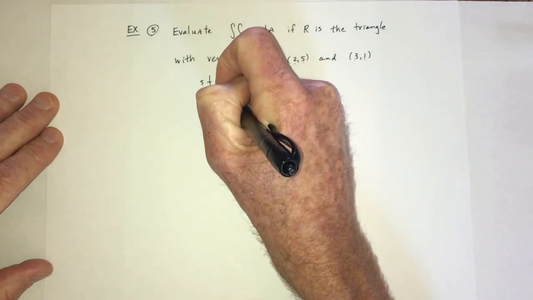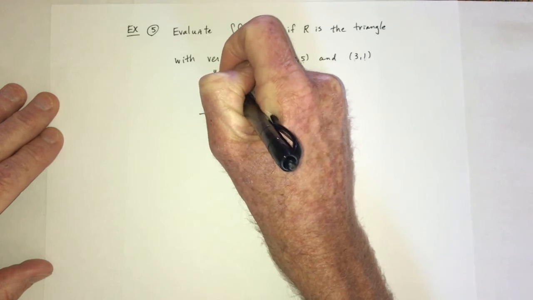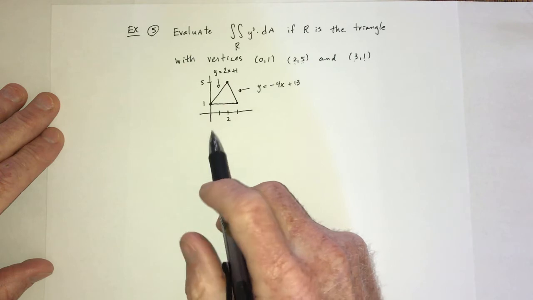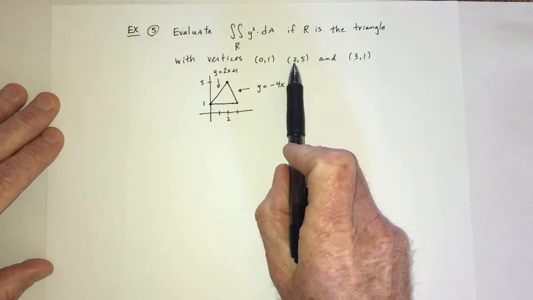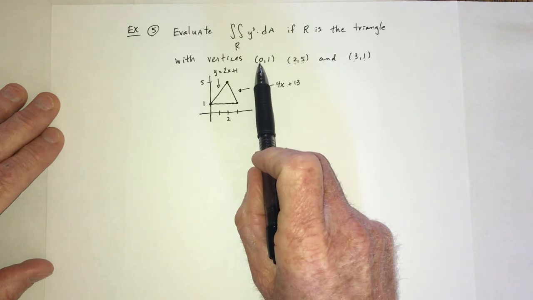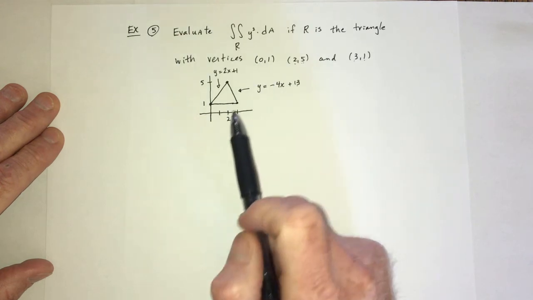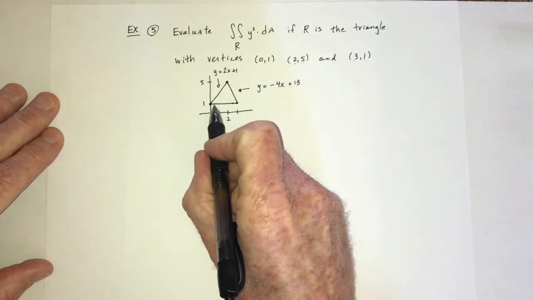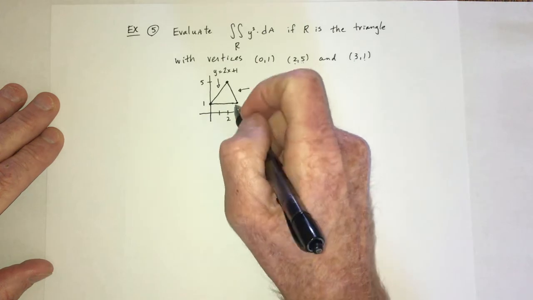So y is 2x plus 1. Let me see if it works. 2 times this plus 1 equals 5, yes. 2 times this plus 1 equals 1, yes. Okay, so those are the lines. And in case we need it, this line right here is just the line y equals 1.